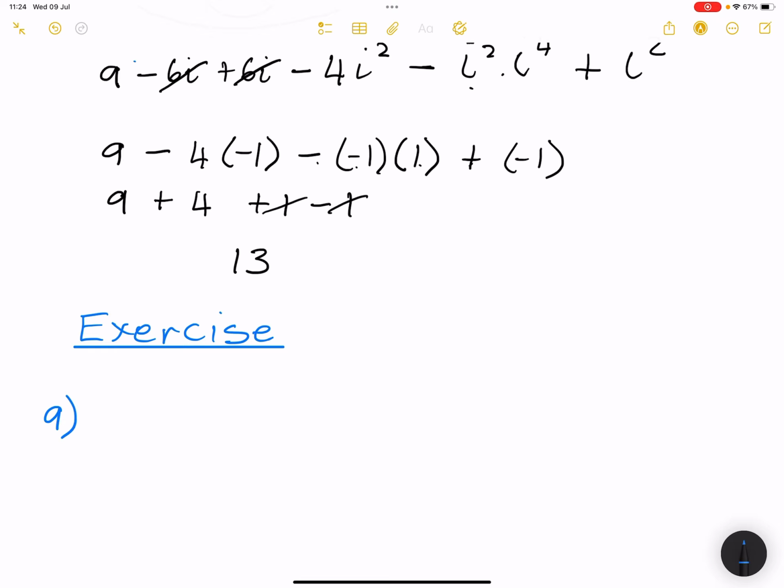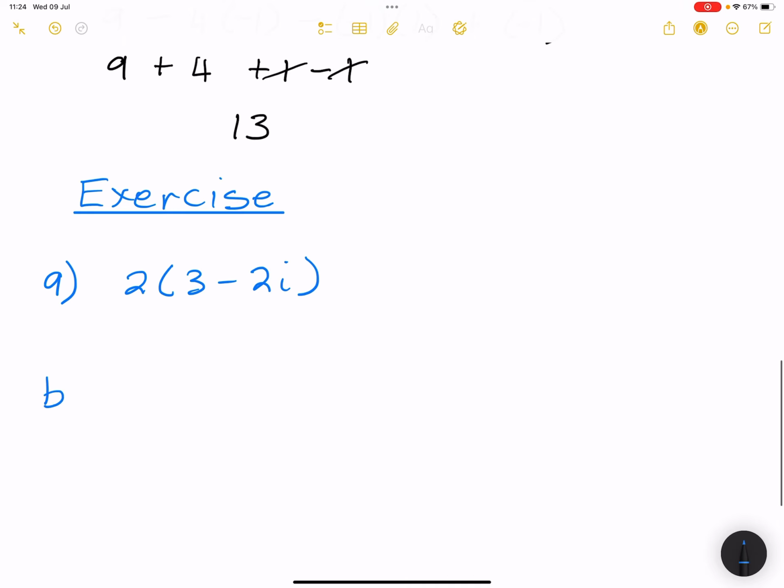Okay, so let's take 2 times 3 minus 2i. Right, I'm sure many of you can already see what that would be.